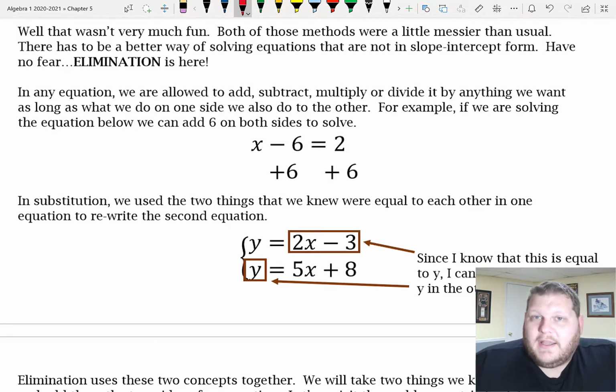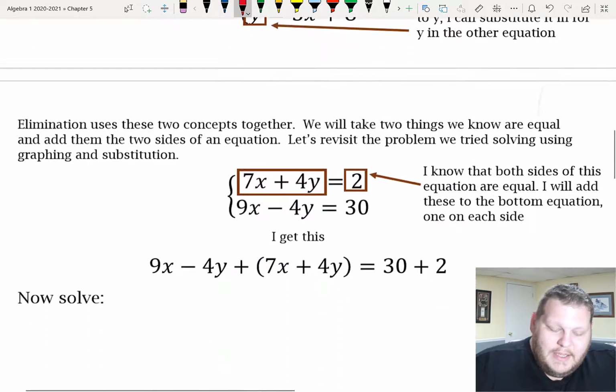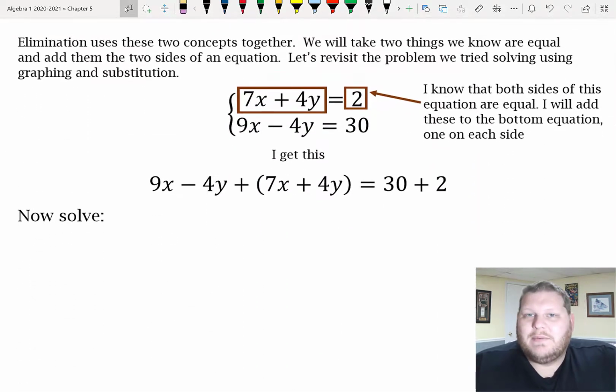So I know that I could substitute those between my 2 different equations. Elimination combines these 2 concepts together and lets us take 2 things that we know are equal to each other but look different, and I'm still adding that on both sides of my equation.